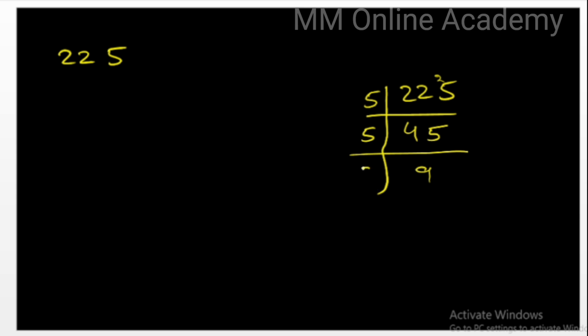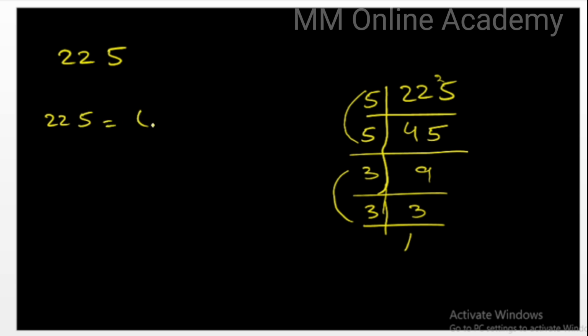Now again we can divide 9 by 3. 3 threes are 9 and 3 ones are 3. So these are the prime factors of 225. We have to write pairs of each number. 5 multiplied by 5, 3 multiplied by 3.